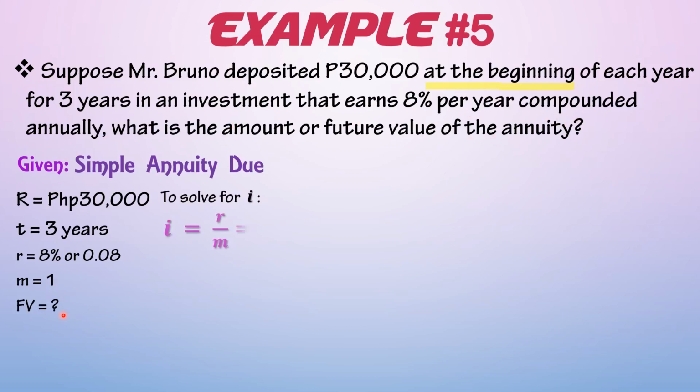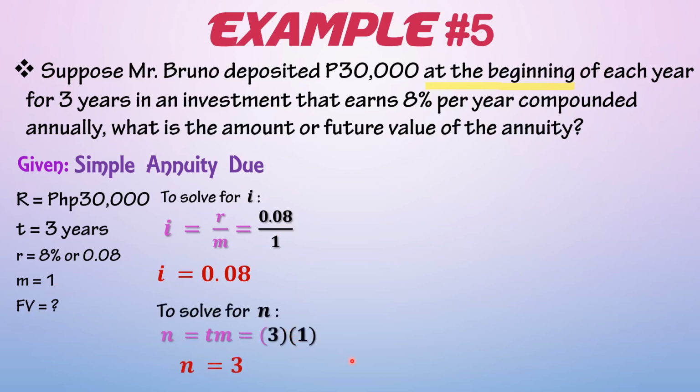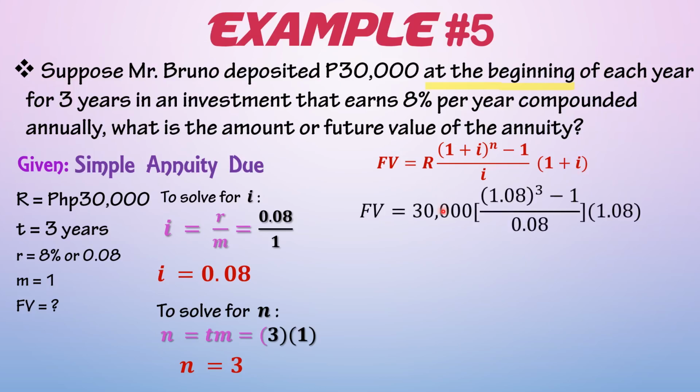So again, solve for i. That will be 0.08 divided by 1, which is still 0.08. And your n is 3 times 1, which is still 3. So we use this formula. Your R is 30,000. We will have here 1 plus i, that will be 1.08, and then here is also 1.08. The value of n is 3, here the exponent 3, and your i is 0.08.